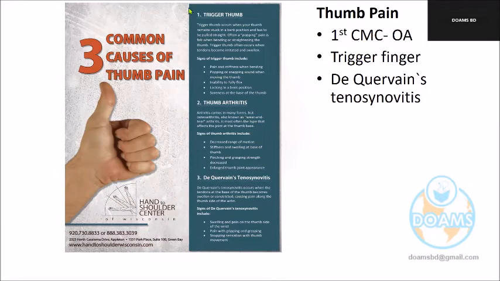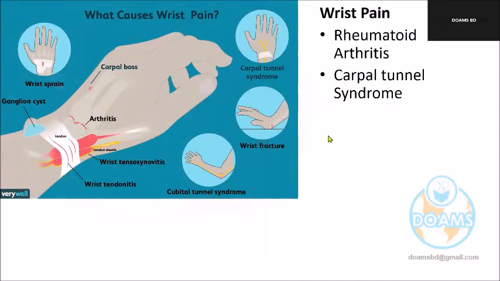From the big list, the very popular ones you must know are three: osteoarthritis, trigger finger, and De Quervain's tenosynovitis. I don't think it needs further elaboration. They already mentioned the three things here. Easy to understand.